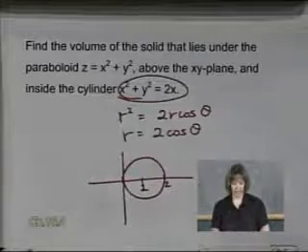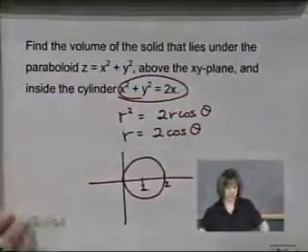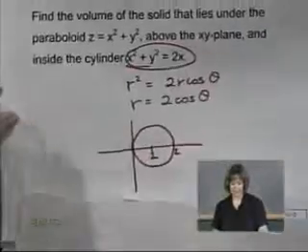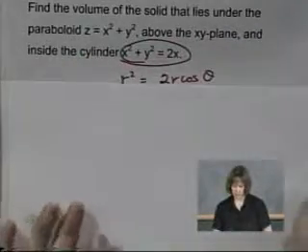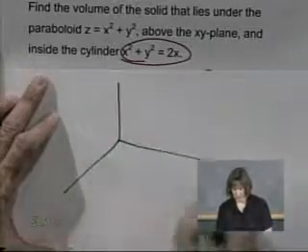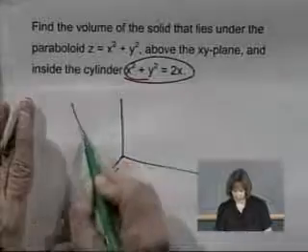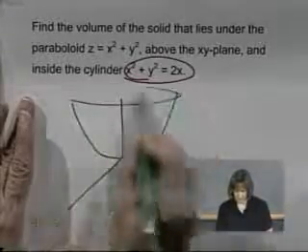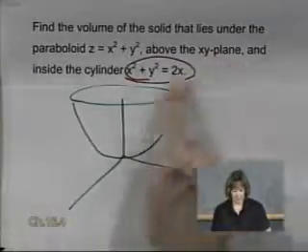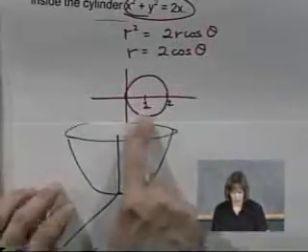All right, now what's happening here is, this is my rooftop, okay? We want to find the volume of a solid that lies under that paraboloid. Well, what does that paraboloid look like in three-dimensional space? Most of you are good with the paraboloid z equals x squared plus y squared. It looks something like this, right? That's your rooftop. Now my base on the xy plane is this little cylinder. We just figured out a few minutes ago, what does that cylinder look like?